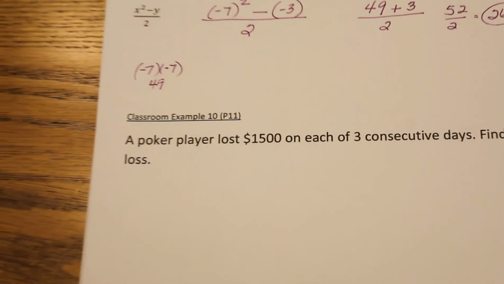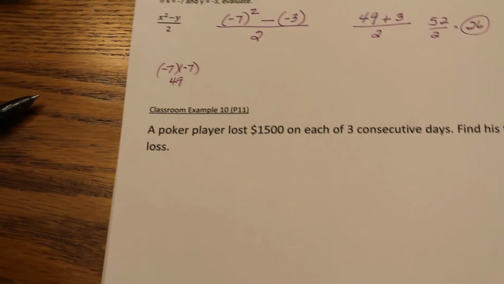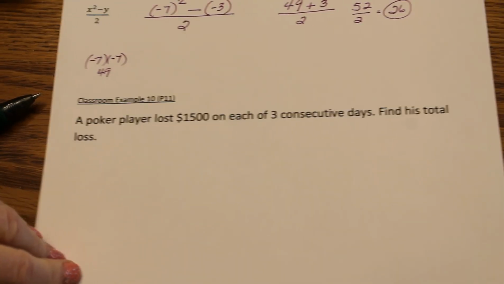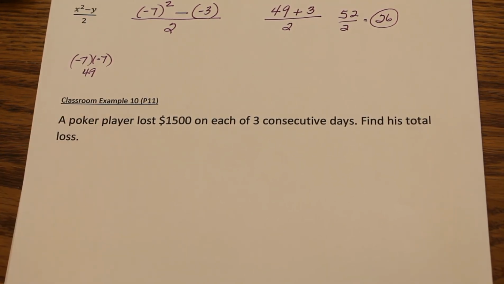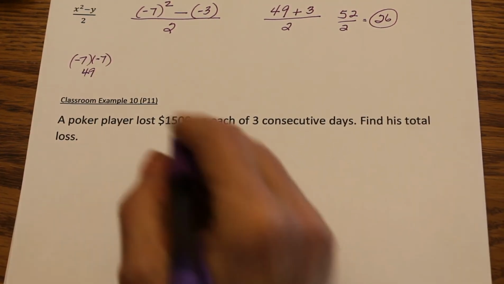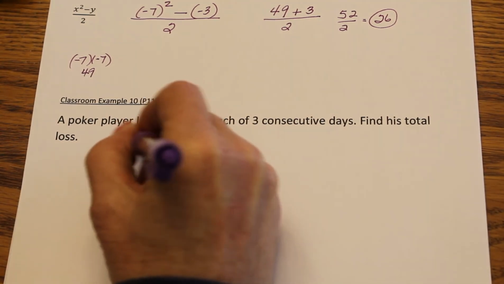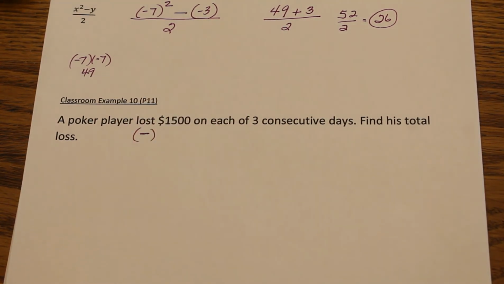And then finally here, let's look at this application. Classroom example 10. A poker player lost. When you lose money, that's going to be a negative. A poker player lost $1,500 on each of 3 days. Find his total loss.